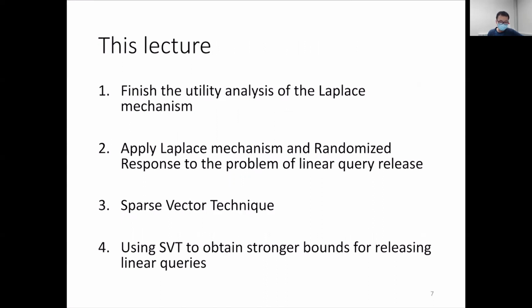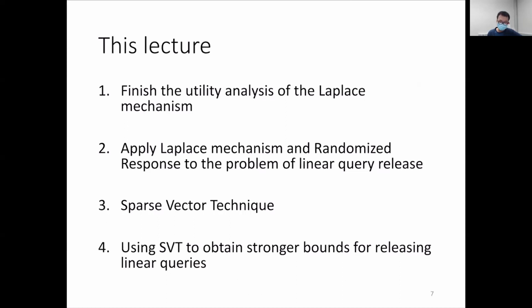So today we're going to finish the utility analysis of the Laplace mechanism, and introduce a few hammers, like Hoeffding's inequality, which we've already been using. If you're not familiar with it, today we'll go over that. Then we'll try applying the Laplace mechanism and the randomized response to the simple linear query release problem that we've seen from the first lecture.